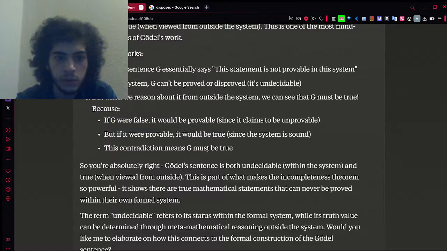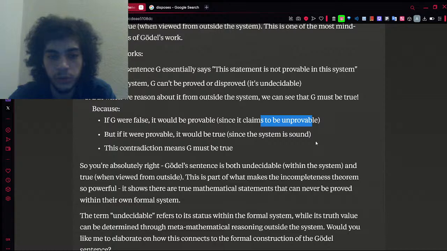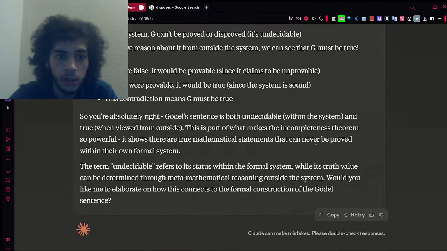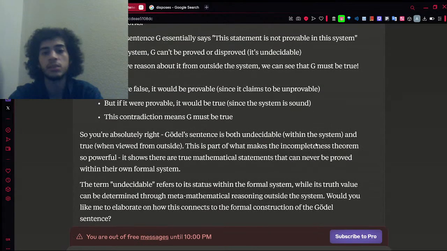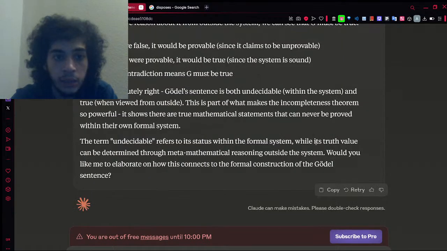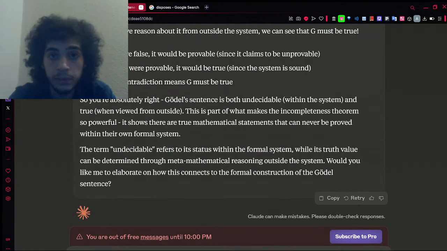G must be true because it says it's unprovable, and it is unprovable. Therefore, G is both undecidable within the system and true when viewed from outside.